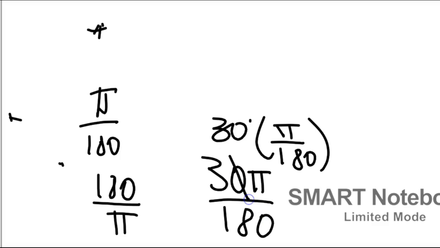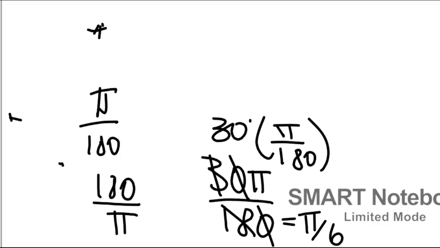So I can divide by 10 and I can divide by 3. So I actually end up with pi over 6. Okay, so that's all you do for all of these. If you're switching it to radians, you times it by pi over 180.